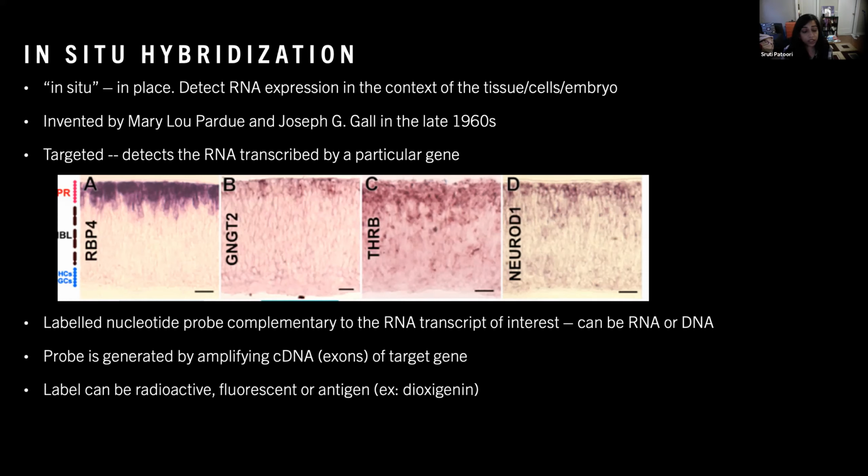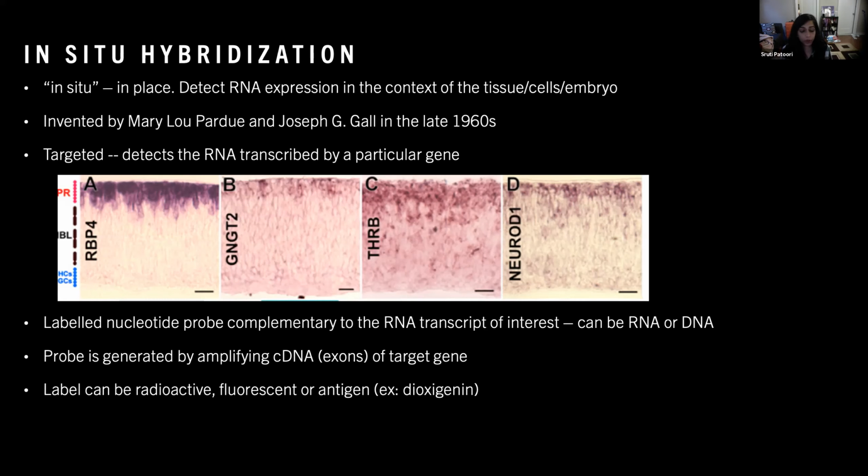And how this works is that you have a labeled nucleotide probe that's complementary to your single-stranded RNA transcript of interest. And that nucleotide probe can be made of RNA or DNA. It's usually made through PCR by amplifying the exonic regions of the gene that you're interested in. So if I wanted to make a probe for NeuroD1, I would amplify just the exons of NeuroD1 in order to make my probe.